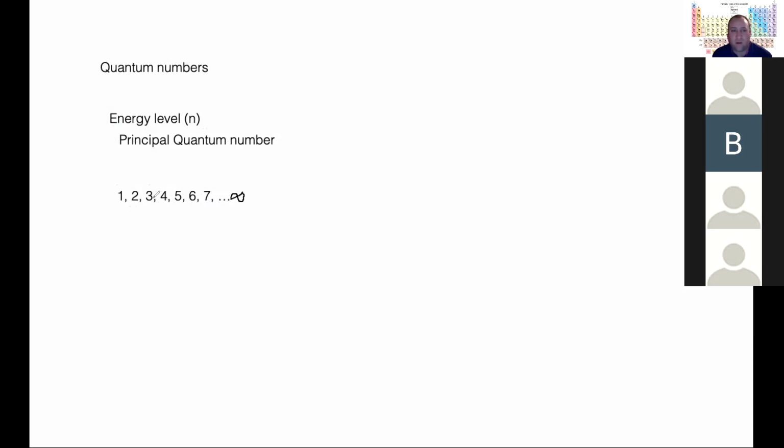So the principal quantum number focuses on that energy level. This is the most broad information that we can think of when it comes to electrons: what energy level is it in?